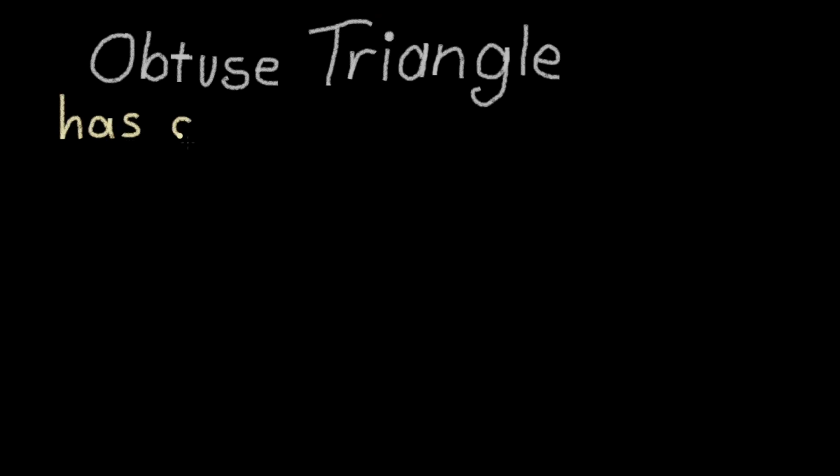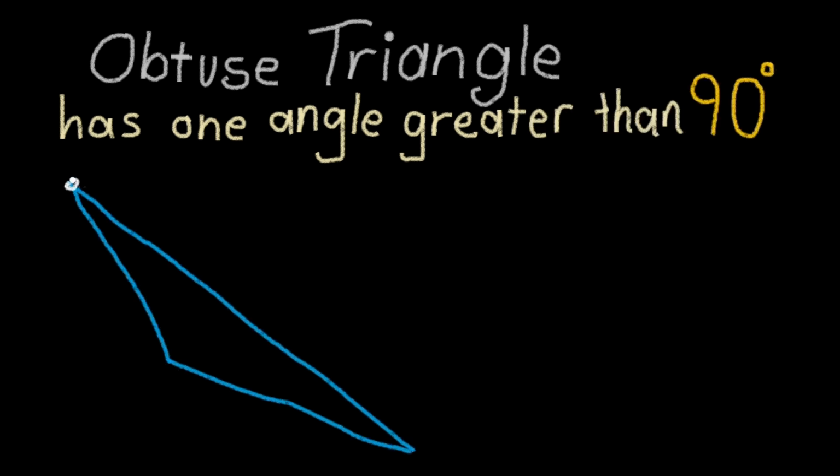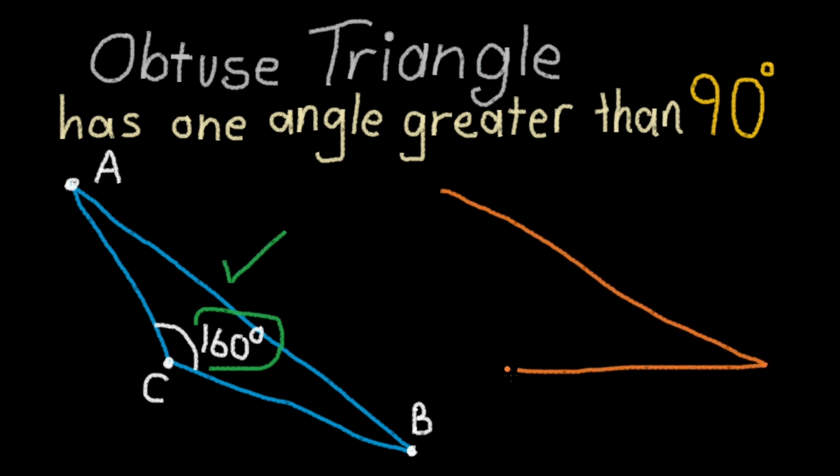The last type of triangle we are going to learn is the obtuse triangle. An obtuse triangle must have one obtuse angle, which means an angle greater than 90 degrees. For instance, the triangle ABC you see over here has a 160-degree interior angle, so we can identify it as an obtuse triangle. Let's see the next example.